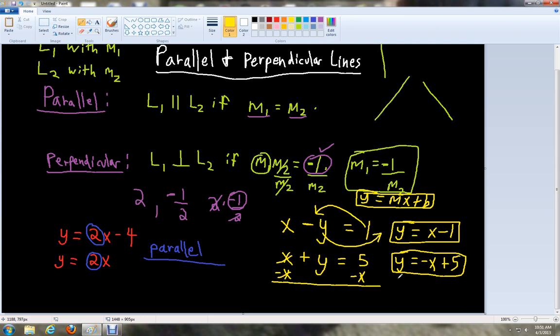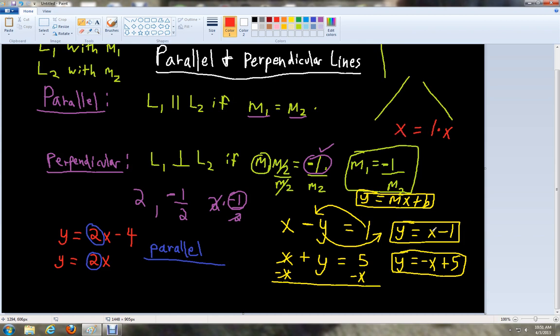So this is kind of tricky because there's no numbers really in front of x, so you wonder what the slope is. But if we go back, when you don't have a number in front of your variable, if you have x, you can see that that's equal to 1 times x, right? Because 1 times anything is that number.